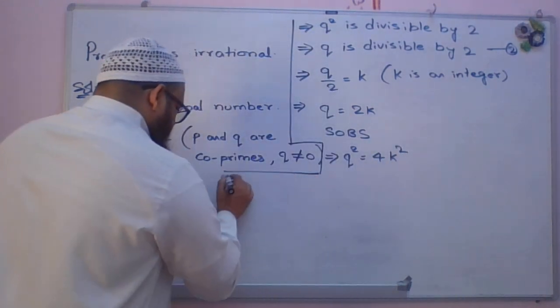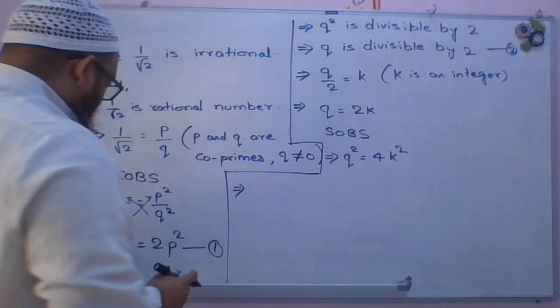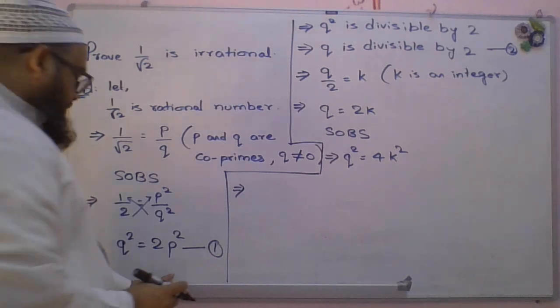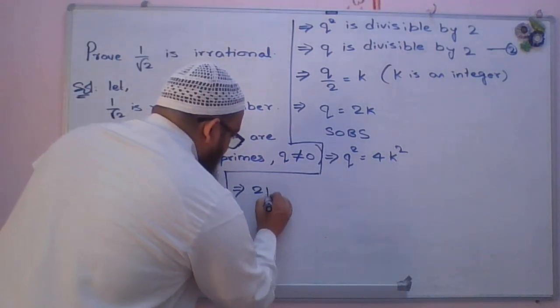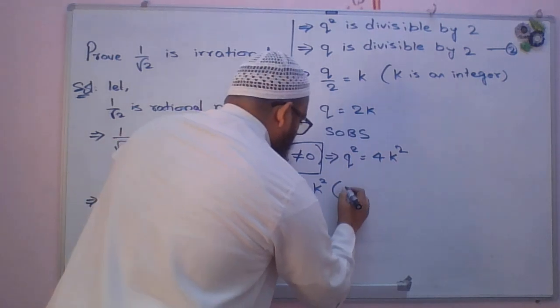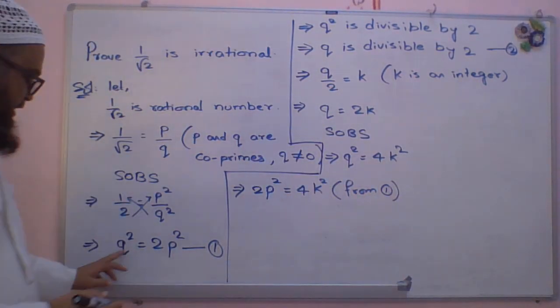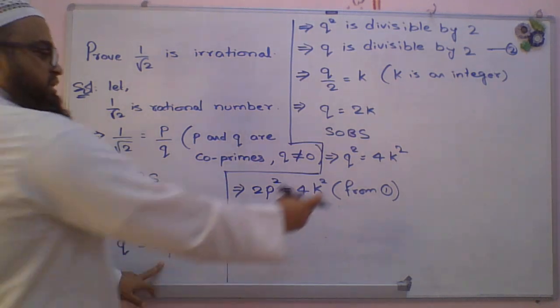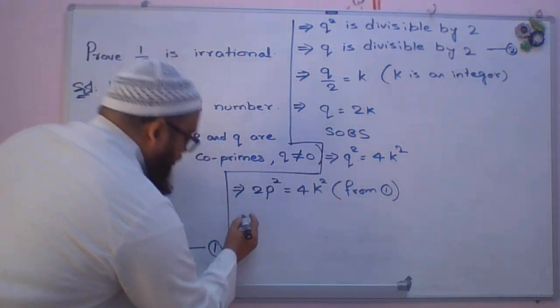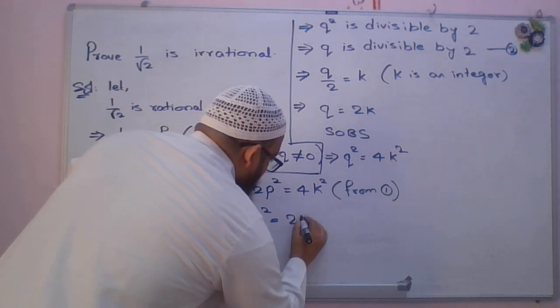Am I right? That implies, what is q square from first equation? It is 2p square. So 2p square is equal to 4k square. From first statement, q square is equal to 2p square, so the same thing I have substituted over here. So that implies p square is equal to 2k square.